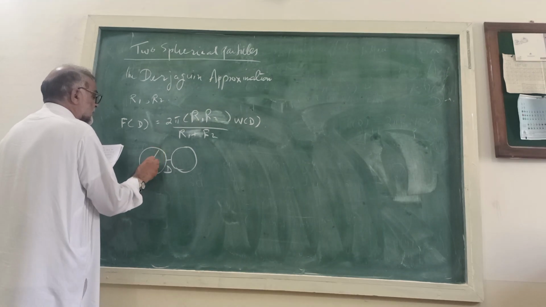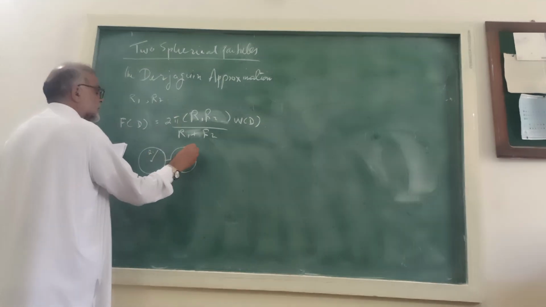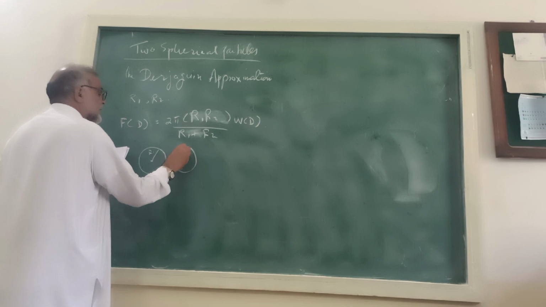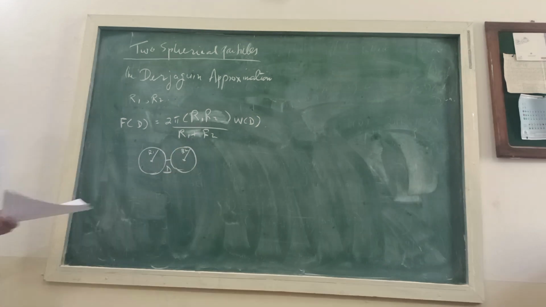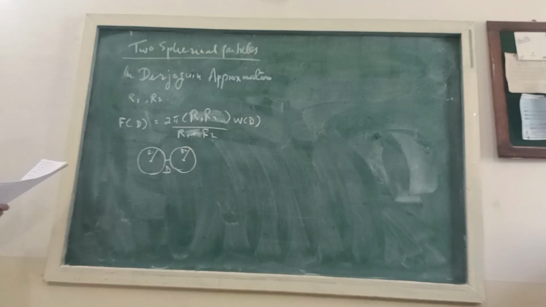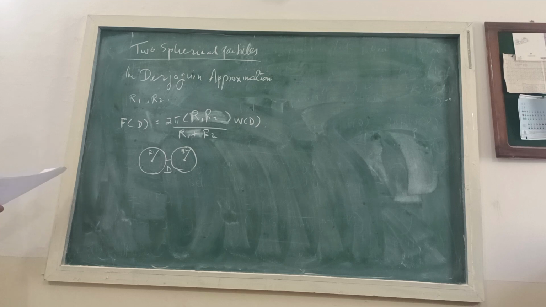The radius of the first is R1, and the radius of the second is R2.